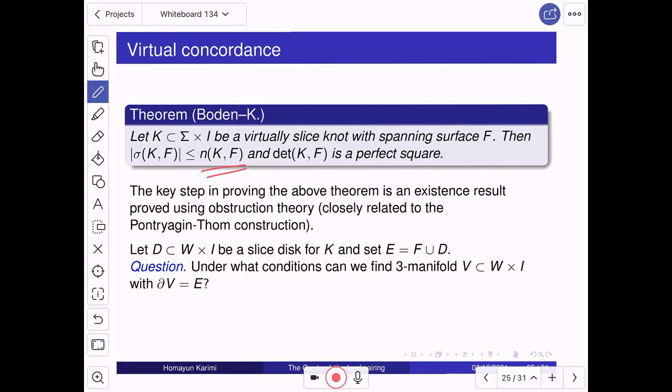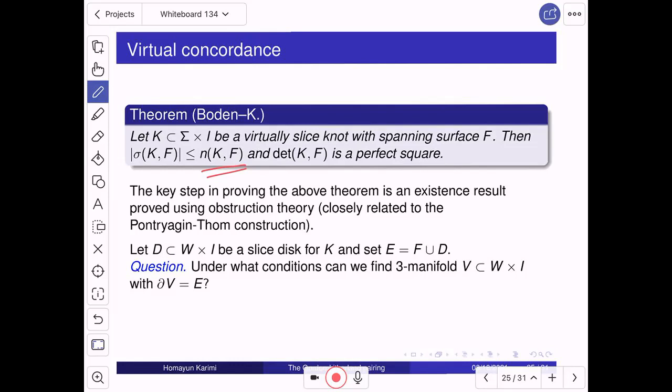So there is a key step in proving this theorem, and the key step is the existence. It's an existence result using obstruction theory, which is closely related to the Pontryagin-Thom construction. And here is an outline of the thing that we needed and we proved here. So if D inside W cross I is a slice disk for a knot K, and F is a spanning surface, you can put this F and D together.